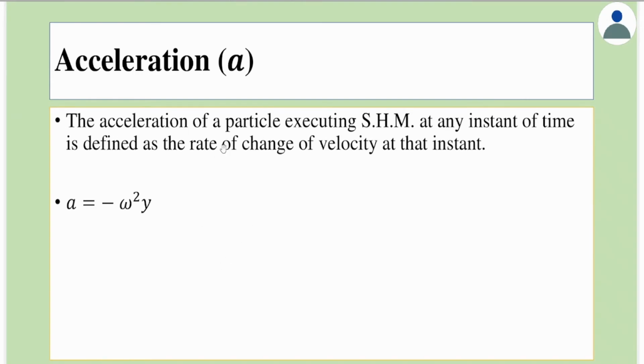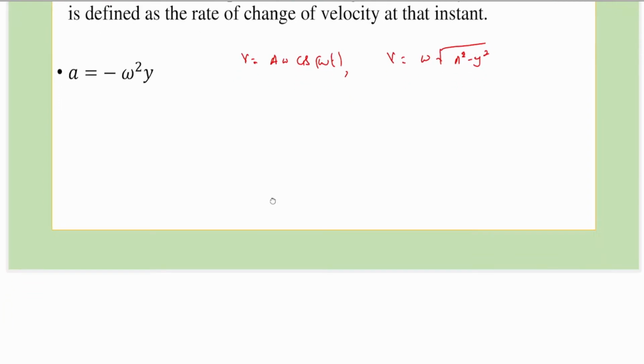Acceleration is defined as the rate of change of velocity at any instant of time. Just to recall, velocity was given as A into omega into cos omega t. In terms of displacement, velocity was given as omega into the square root of A square minus y square. Let's find out what the acceleration is at any instant of time.